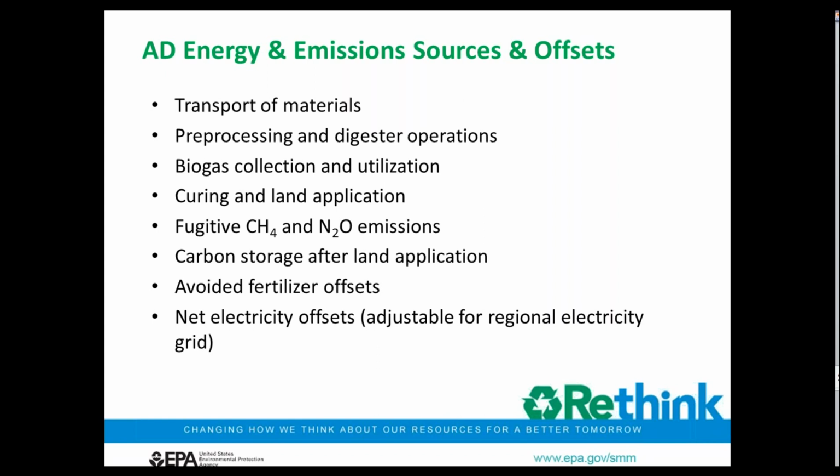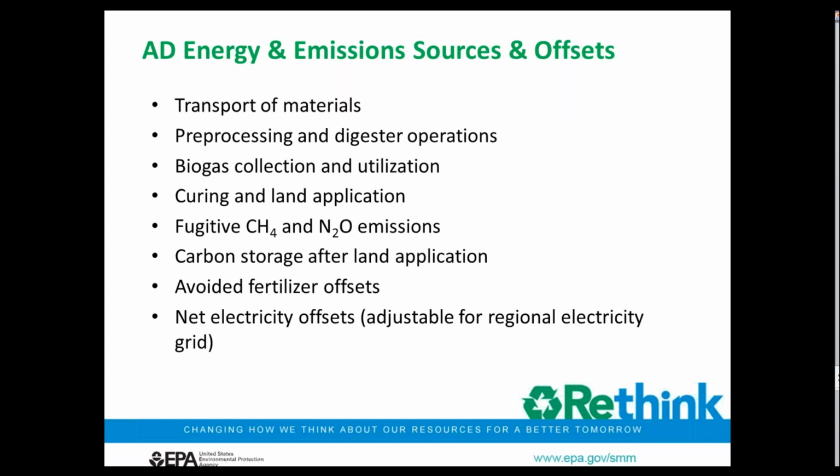There's fuel or electricity needed for that. Then collecting the biogas and utilizing it, assuming some methane losses in that process. And if the engine's down, you'd have to flare the biogas for some small portion of the time.